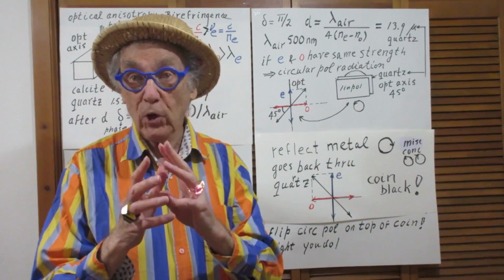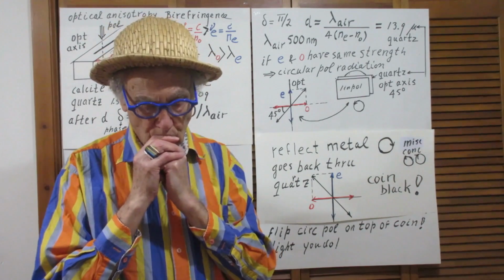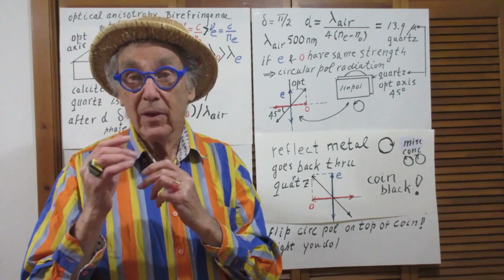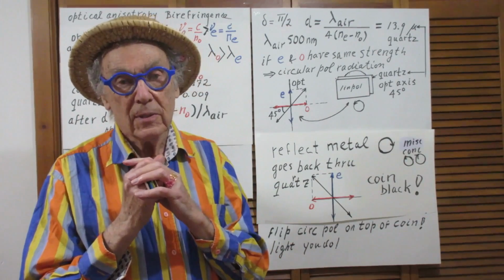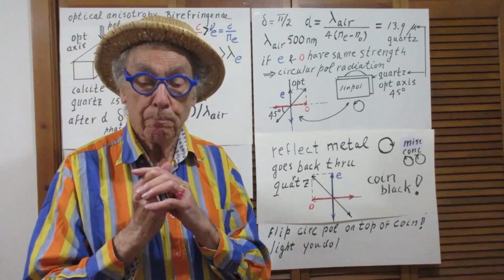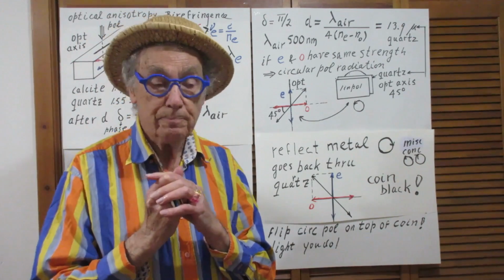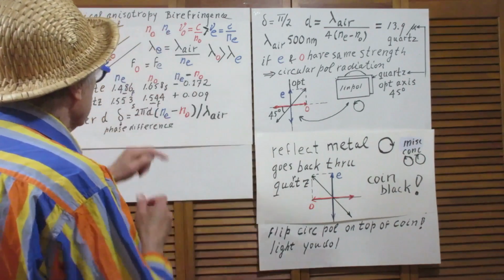They have optically anisotropic features, which would mean that different directions of polarization may propagate through that medium with different speeds. And that idea is called Birefringence.